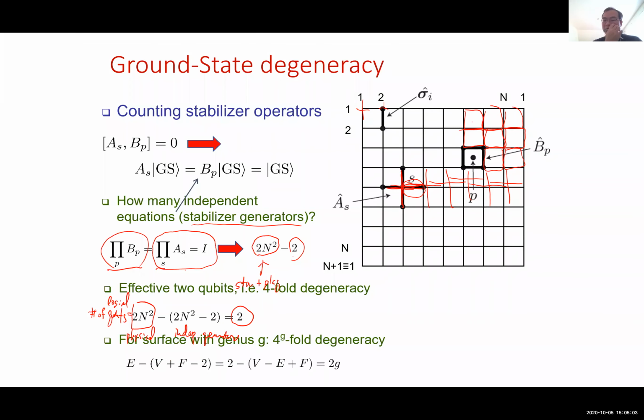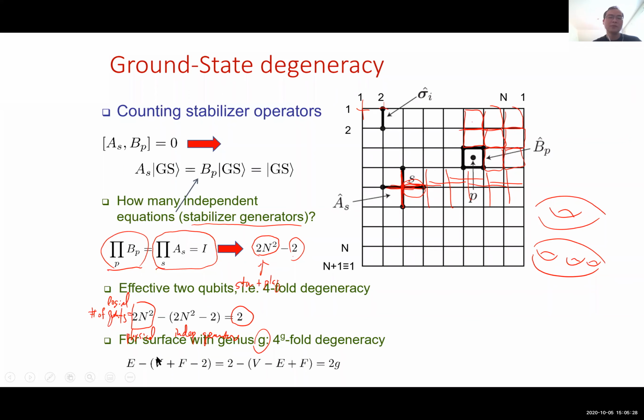So I put this on a torus. You could also consider putting it on a manifold with more holes. This is denoted as genus G. The number of qubits is on the edges, right?